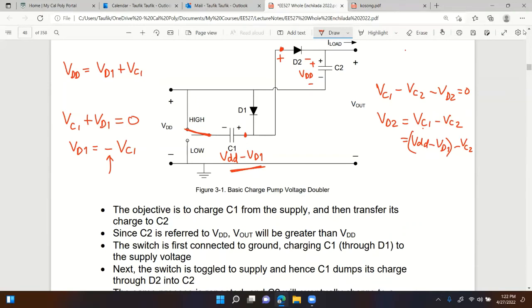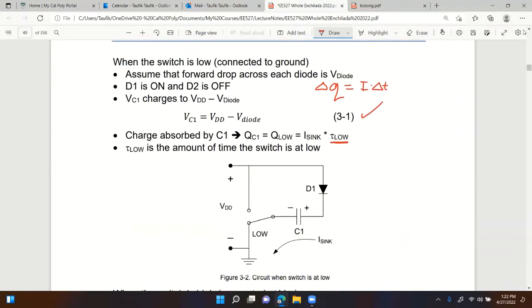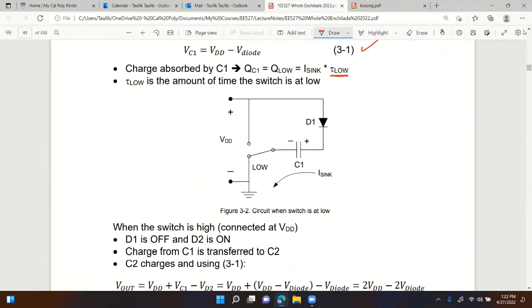The other half of the story that I didn't explain is that during the time when the switch is at low, this capacitor C2 is discharging to the load. So if it's discharging, that means this voltage is decreasing from VDD.